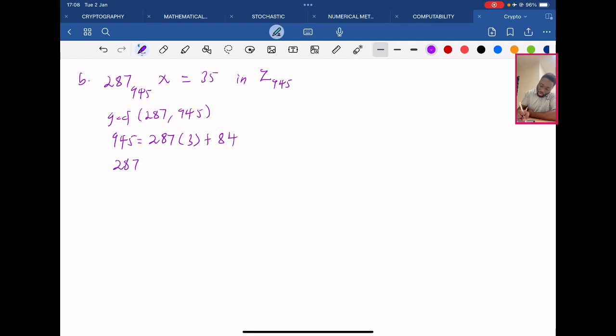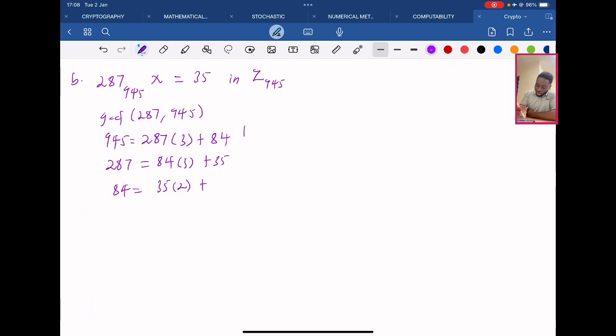So 287 is equal to 84 times 3, then plus 35. 84 will be equal to 35 times 2 plus a remainder of 14. And 35 will be equal to 14 times 2 plus a remainder of 7.